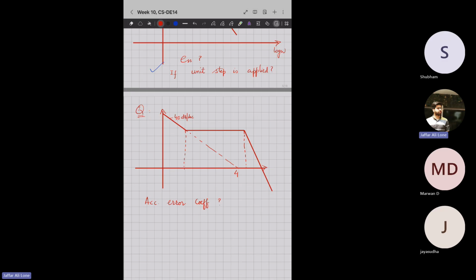Basically, if you find the steady state error, that will be 1 by Ka. So this Ka you need to find.